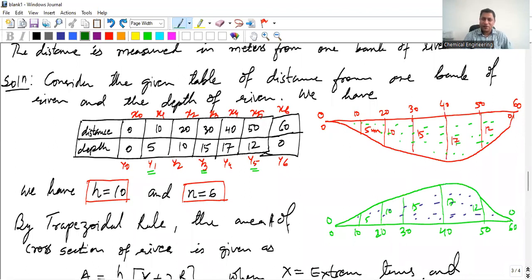So by interpolation, I can find what is the depth at 25 meters, using Newton's forward difference formula or backward difference formula. But we will not be able to find the area.